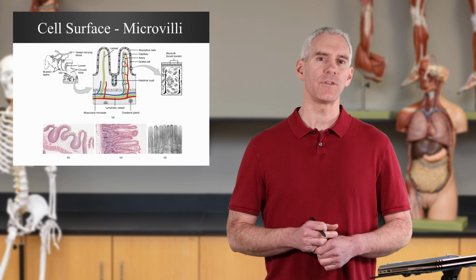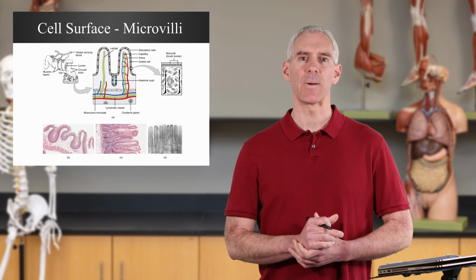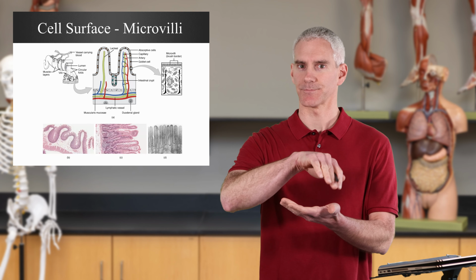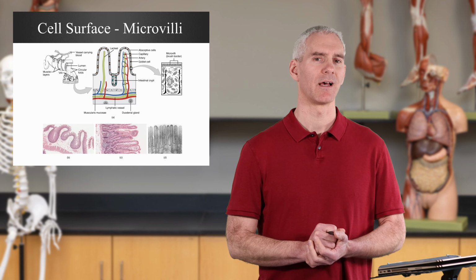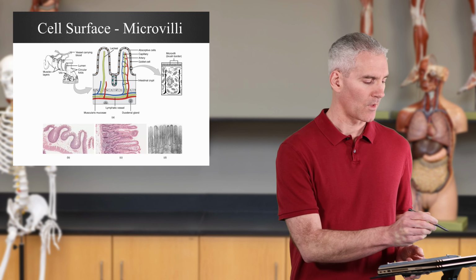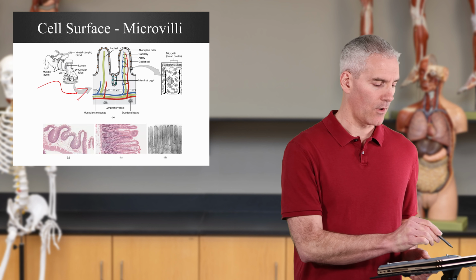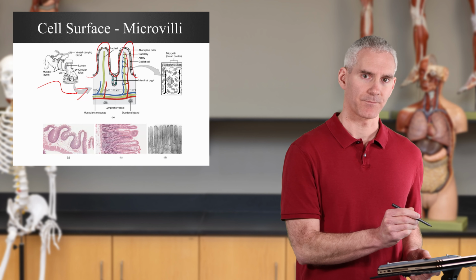But there still are a few specialized pieces to mention. The term microvilli: micro meaning small, villi is a protrusion. Microvilli are very small protrusions on the cell surface. If you're looking at the diagram here, we start with the intestines. From there, it's going to move over, and each one of these is a single villi.